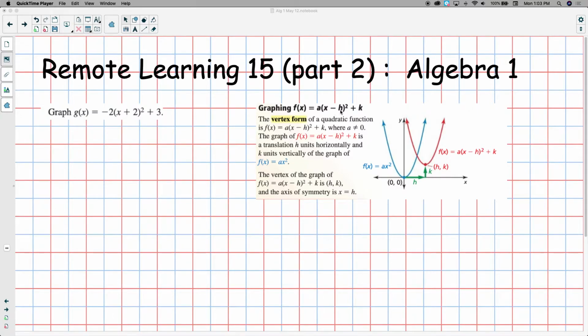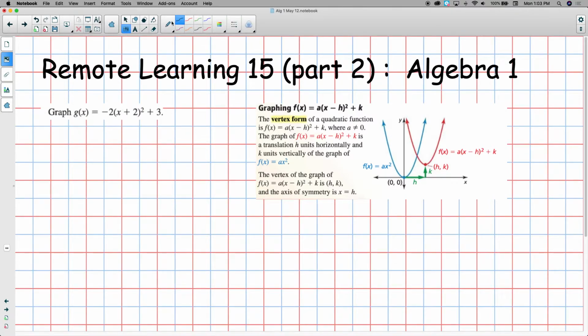Okay, but this item that's attached to the x tells us how it moved left or right, and then this item that's added and or subtracted at the end gives us information about how it's moved up and down. So a combination of analyzing h and k will then tell us where the new vertex is. Thus, vertex form.